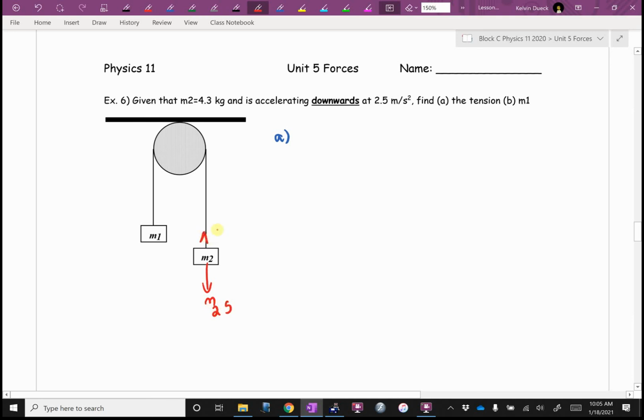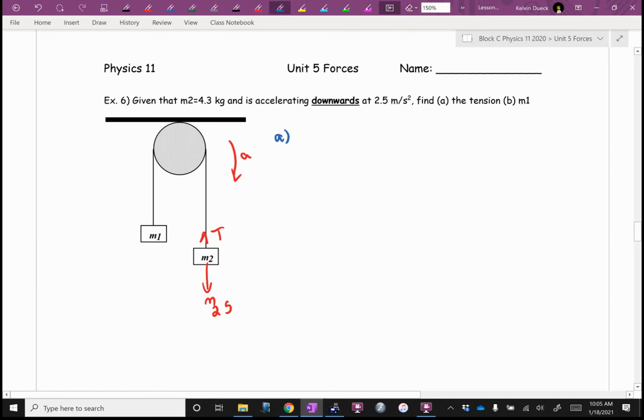M2G, tension. Which way is mass 2 accelerating? So I'll even make a little note, A. It's that way. Okay. Sarah, looking at mass 2, if mass 2 is accelerating down, who's winning? Who's losing?